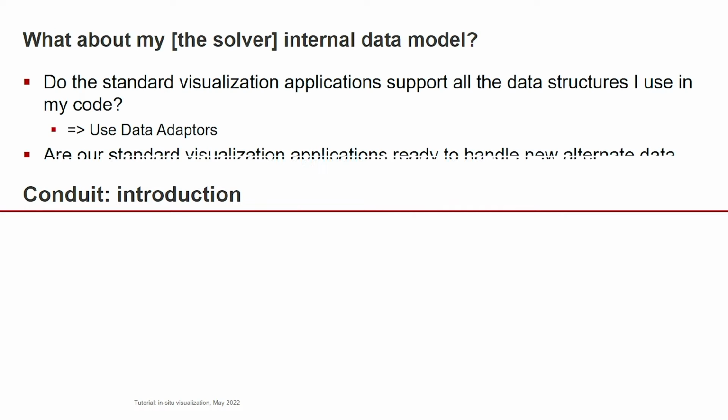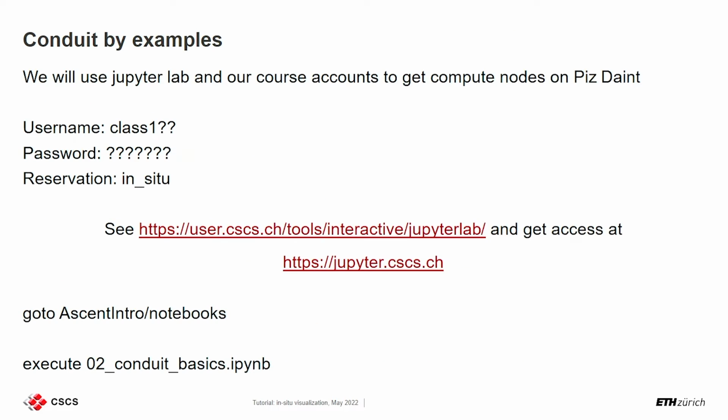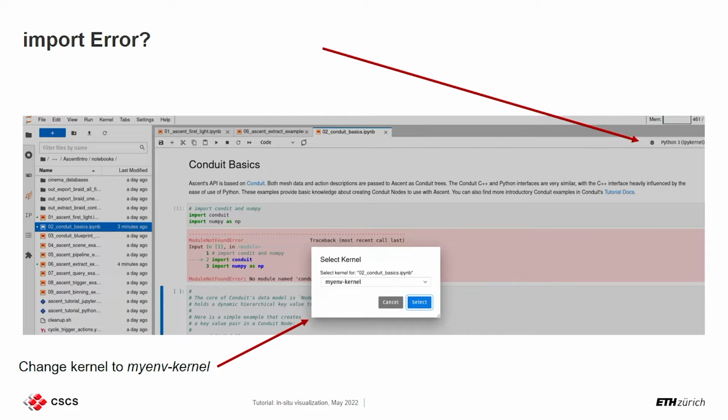You need to change this by double-clicking here, select a new kernel, and you change your kernel to your new kernel, which should be available from your private environment, and this is called my-env-kernel.